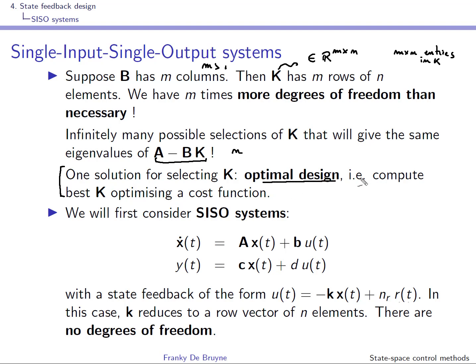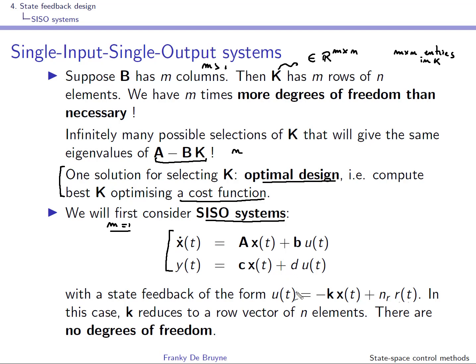Okay, so we'll compute k when optimizing a cost function, and we'll see how this works later on. If m is equal to 1, for instance if we have a single input, single output system, then the system reduces to this format.